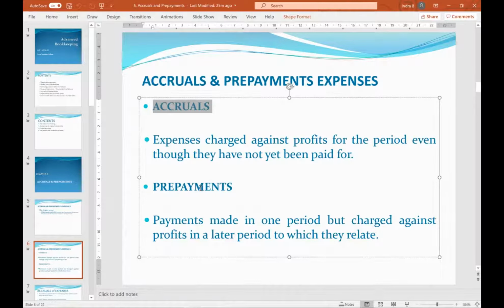For the month of January, you may pay rent in December itself, even if it is paid on 29th, 30th December, right? So it is still in advance. Suppose you paid the rent for January next year in this year. Our cash book will show the rent paid and bank account credited.